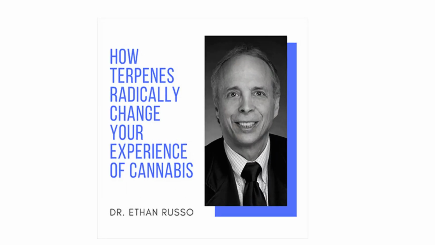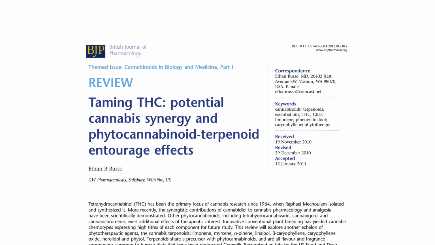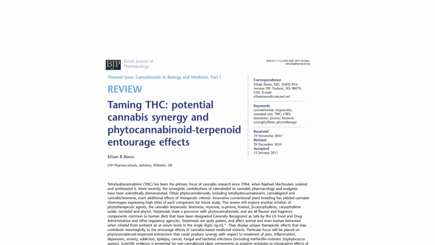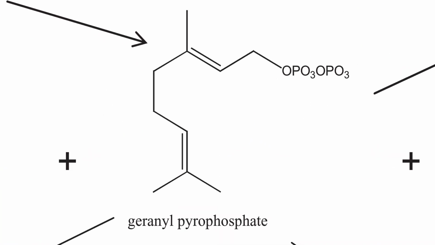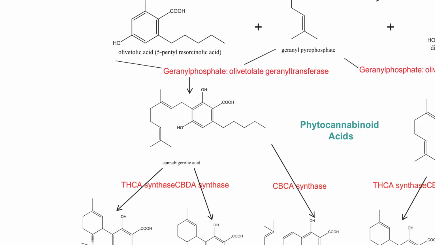When we start to take a look at this, we're going to depend a lot on the work of a researcher by the name of Dr. Ethan Russo. And Dr. Russo's paper, Taming THC, starts to frame the context of the discussion. When we look at the difference between terpenes and cannabinoids, what we find is they start with their own unique parent, geranyl pyrophosphate.